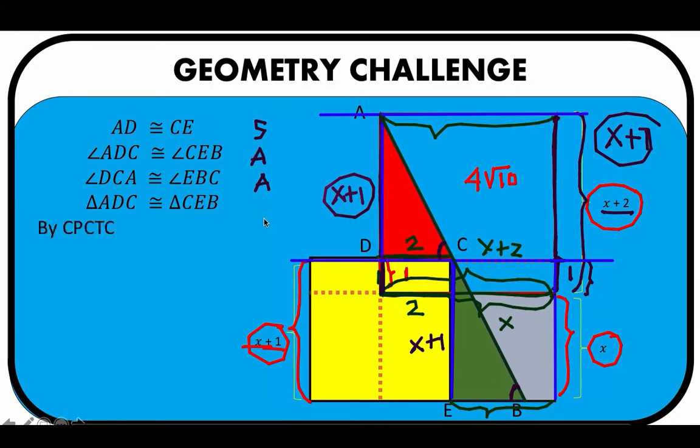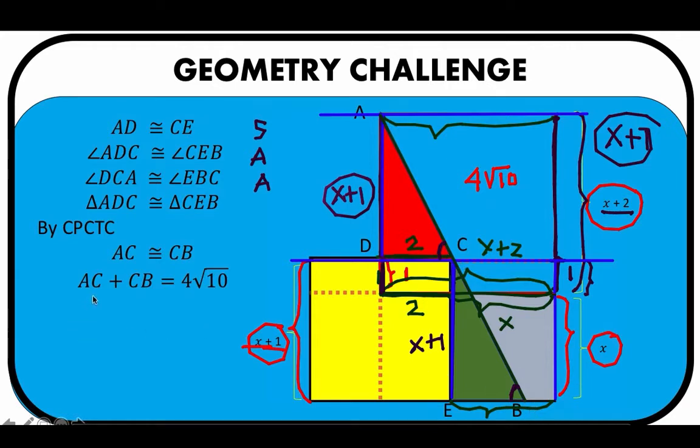It follows that from CPCTC, corresponding parts of congruent triangles are also congruent, then side AC, which is the hypotenuse, must be congruent to side CB, which is also the hypotenuse of the other triangle. We know that the length of segment AB is given to be 4 square root of 10. But this 4 square root of 10 is composed of two line segments, AC and CB.